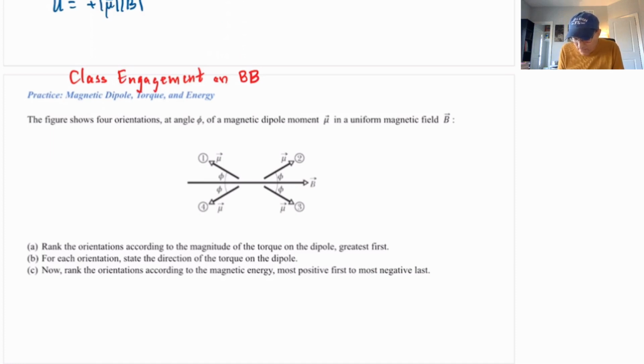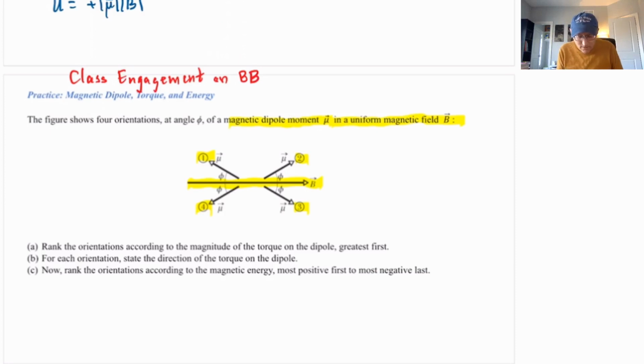The magnetic field, B, is pointing to our right in the plane of the screen. And we have 4 orientations of a magnetic dipole moment, mu, in this uniform magnetic field B. 1, 2, 3, 4. And there's this angle phi to help us think about the directions. And the phi is the same size in all 4 cases.